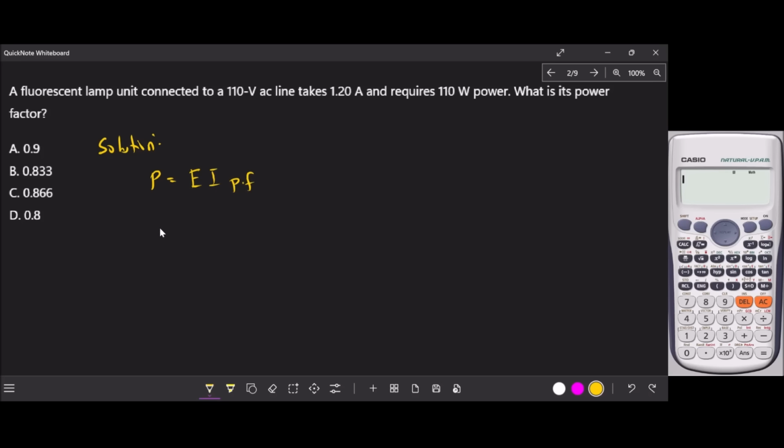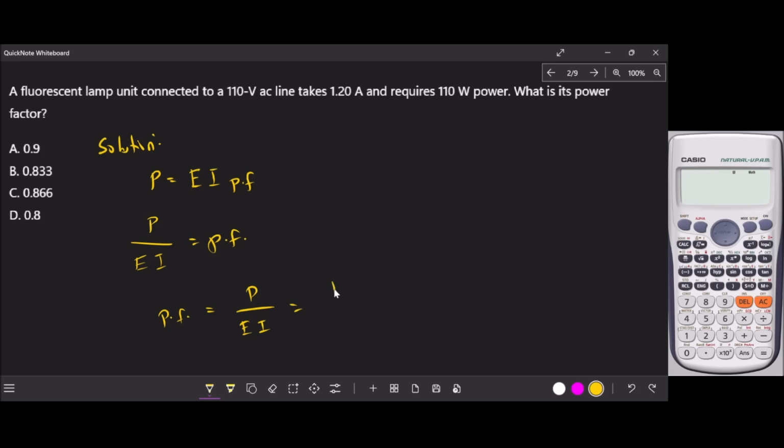So hinahanap natin ang power factor, so just cross multiply this one. So we have power over voltage times the current is equals to the power factor. So i-interchange lang natin, so we have power over the voltage times the current.